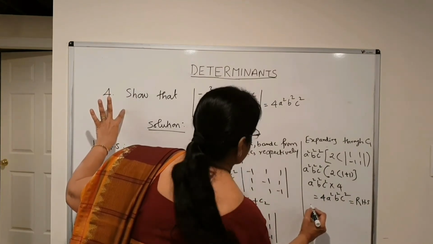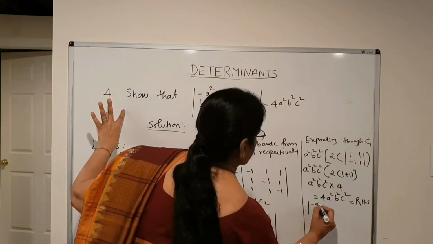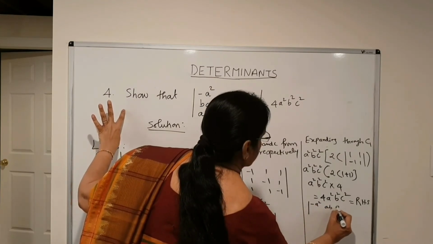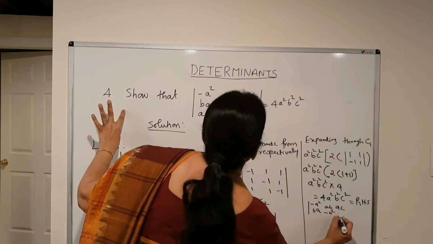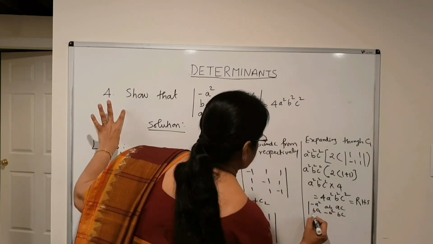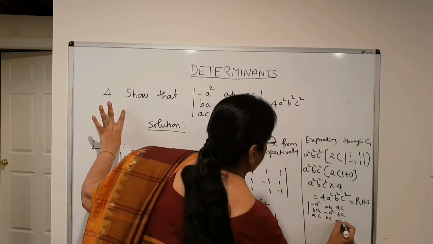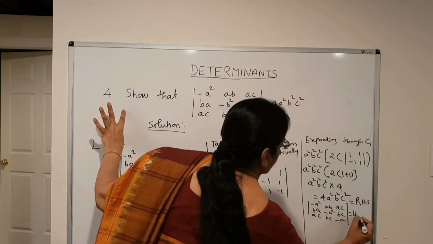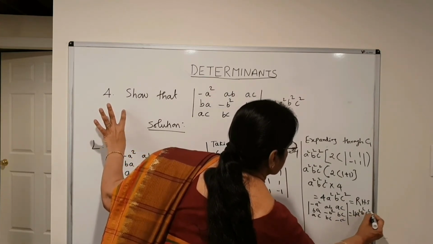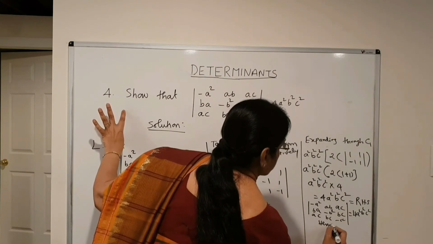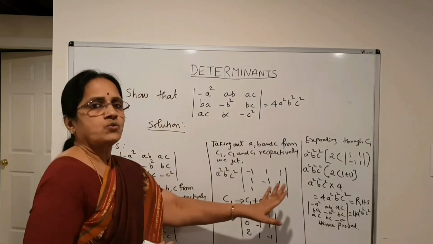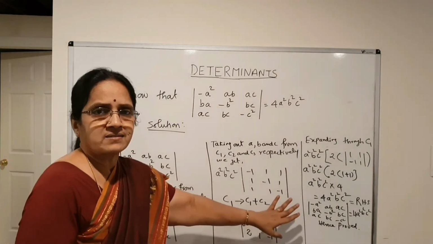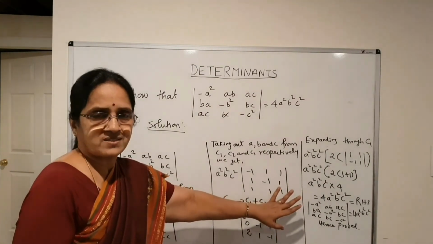LHS equal to RHS, that is, the determinant equals 4a²b²c², hence proved. This is how you will conclude your answer if this question is asked in the board examination.